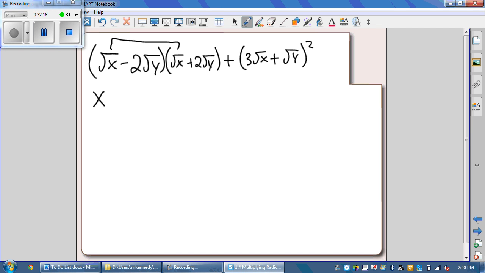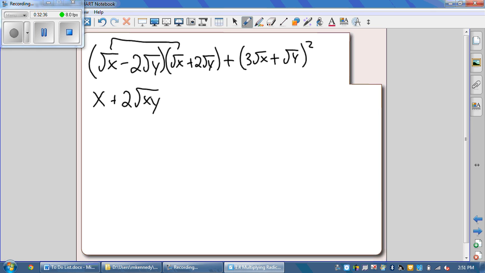So remember, root y times root x is root xy. It doesn't matter if you put yx there, that's cool. Same thing. Inside, we have -2 root y times root x, so it's going to be -2 root xy.